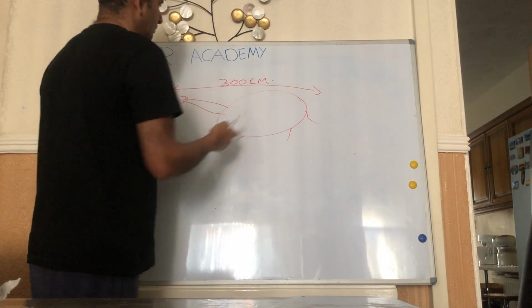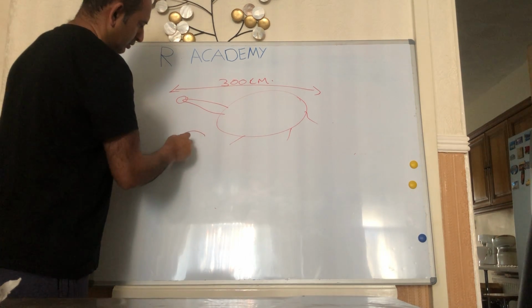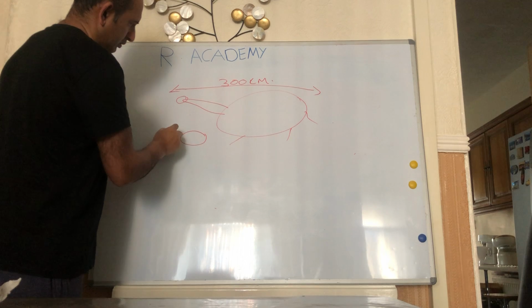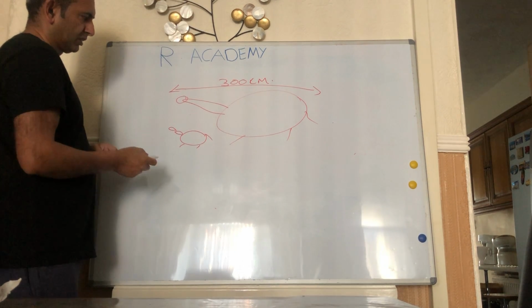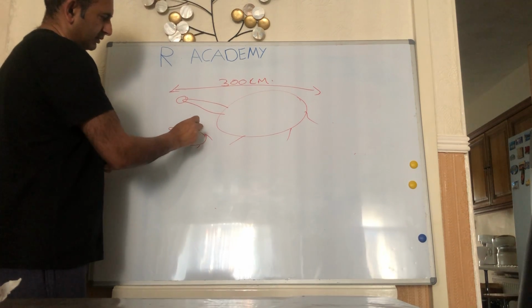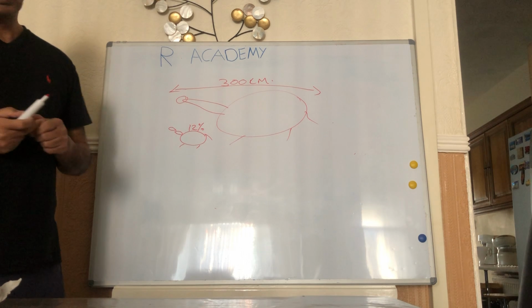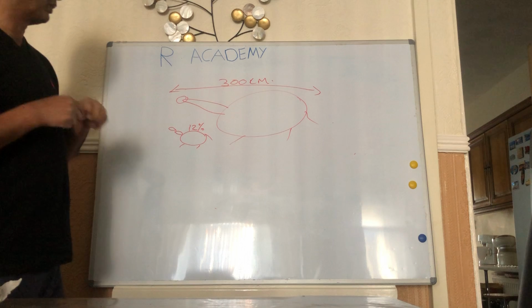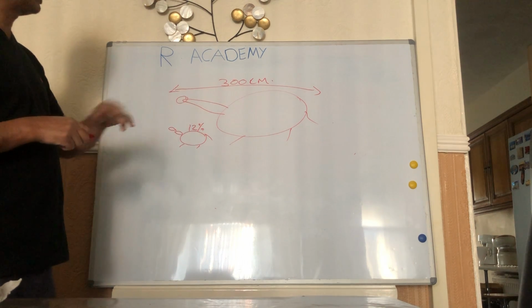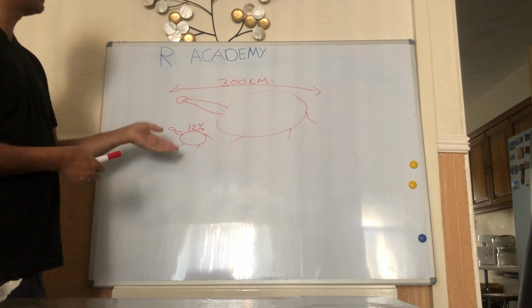Let's say 300 centimeters on a drawing. And we have a smaller dinosaur, a baby dinosaur, which is 12% of the big one. So that's a typical question. So how would you find that?